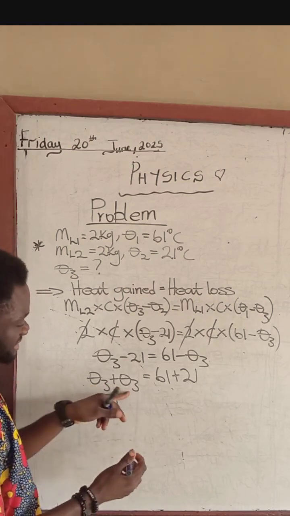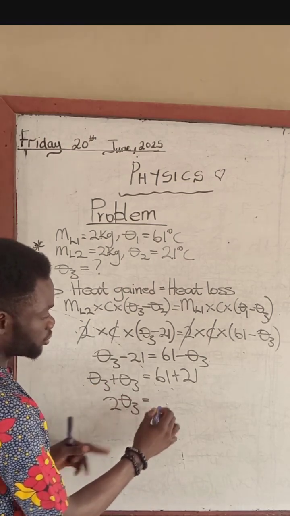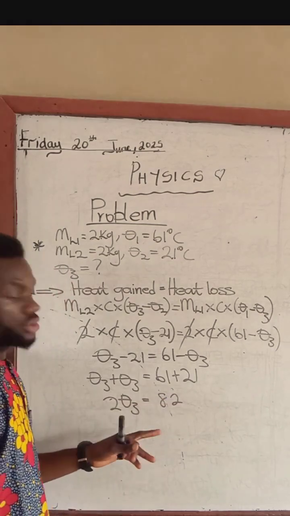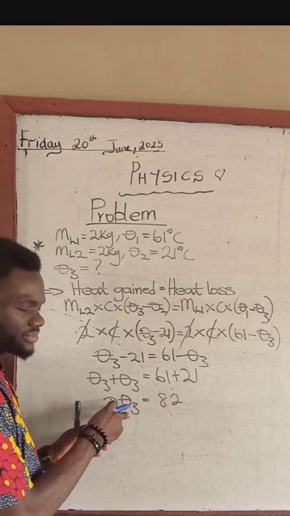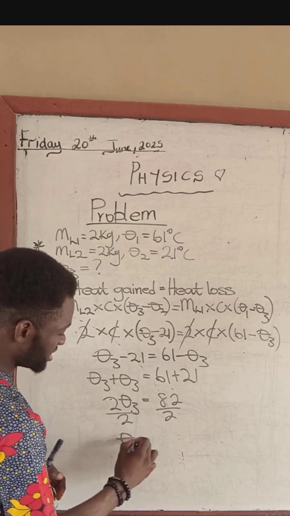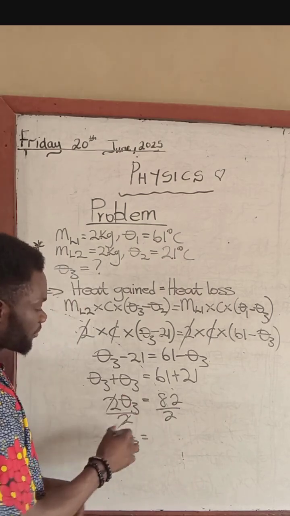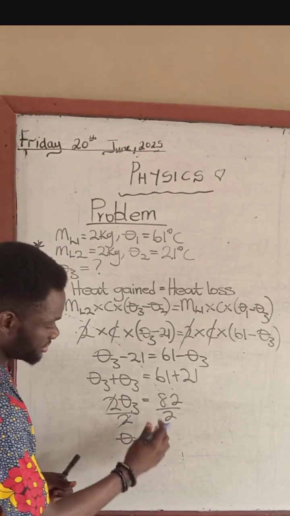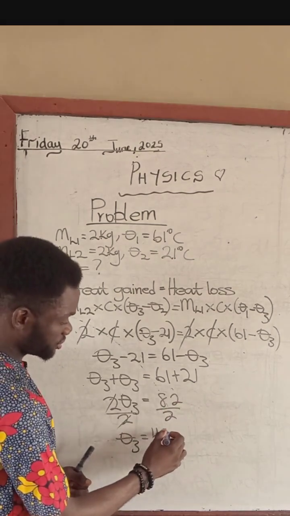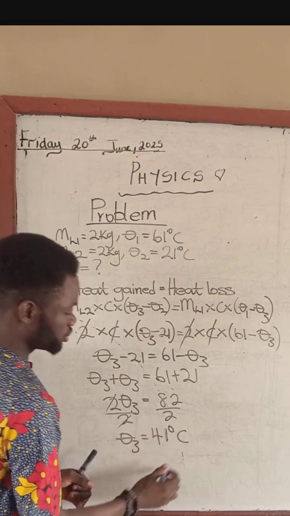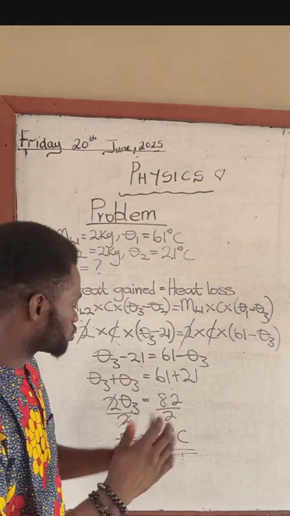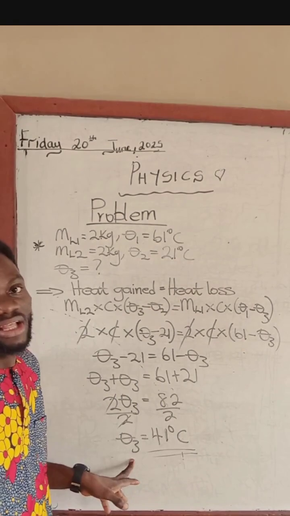So 2 theta 3 equals 61 plus 21, which gives 82. To make theta 3 the subject, I will divide both sides by 2, and that gives theta 3 equal to 82 divided by 2, which is 41. So 41 degrees Celsius will be the final temperature of the combined liquid after they are mixed together.